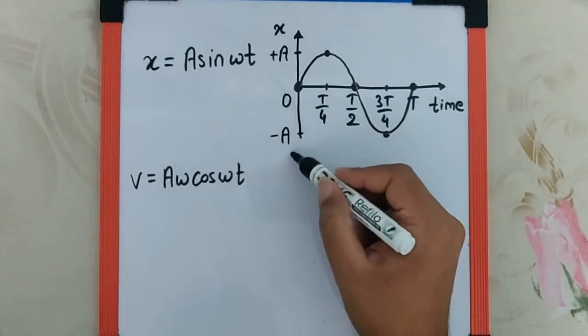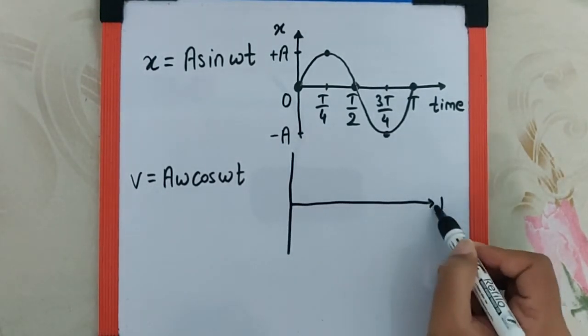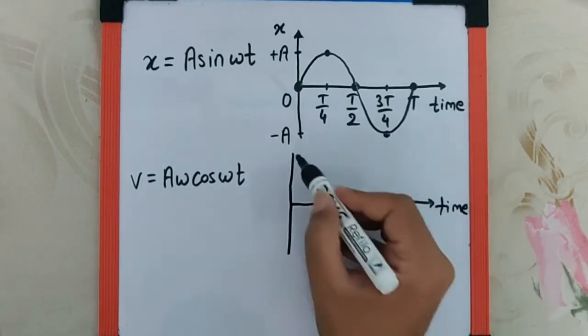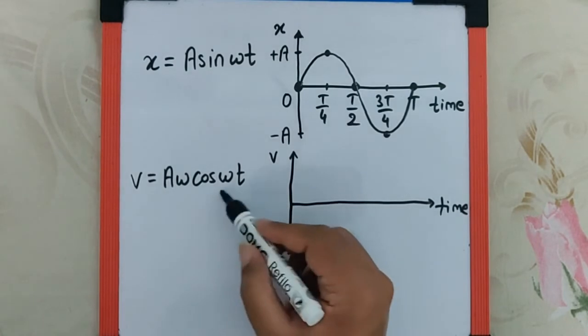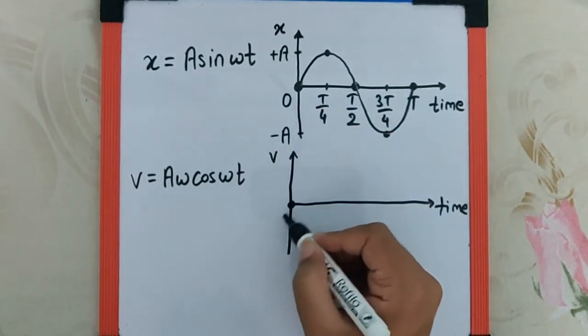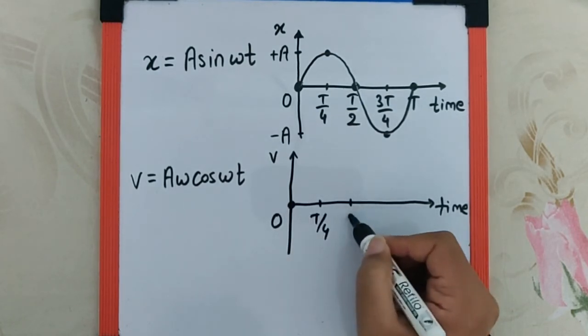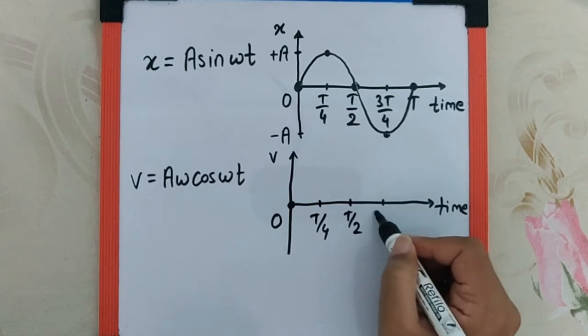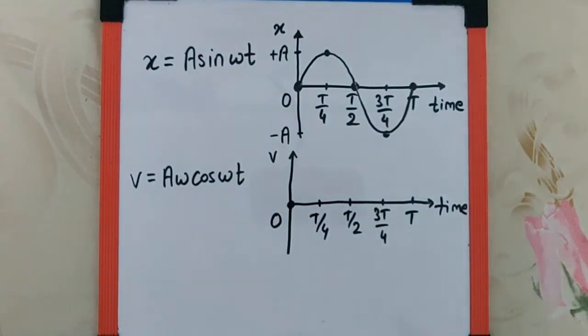Which means if we want to plot the graph of velocity versus time, time will be on the x-axis, velocity will be on the y-axis, and since omega t is the same angle we are talking about, we'll have the same instances of time, 0, T by 4, T by 2, 3T by 4 and T. And that means the value of the angle will also be the same at the same instances of time.